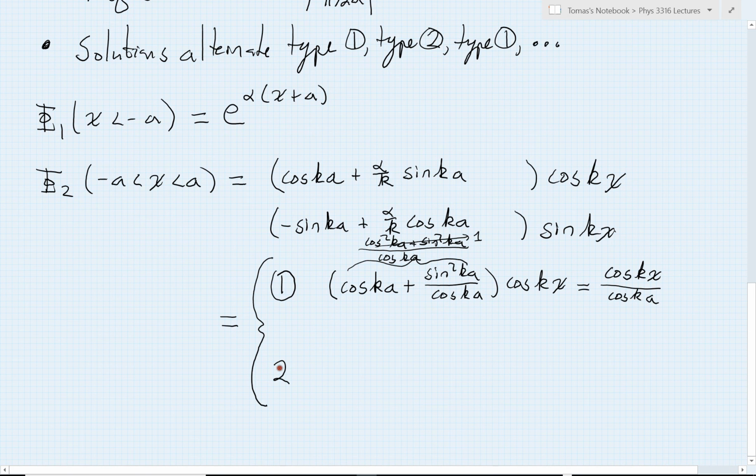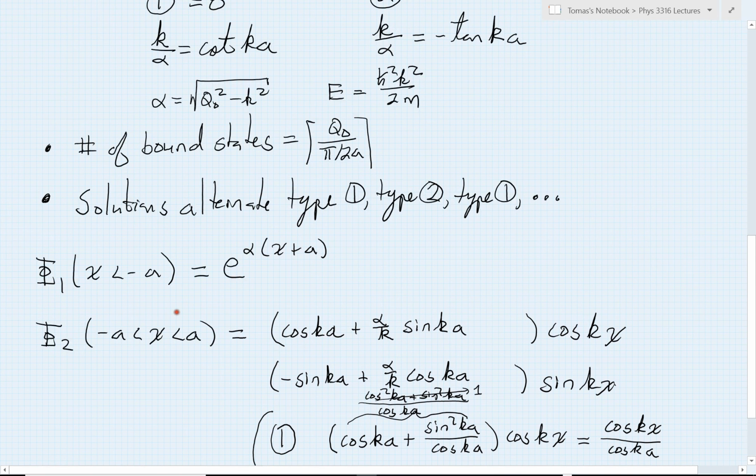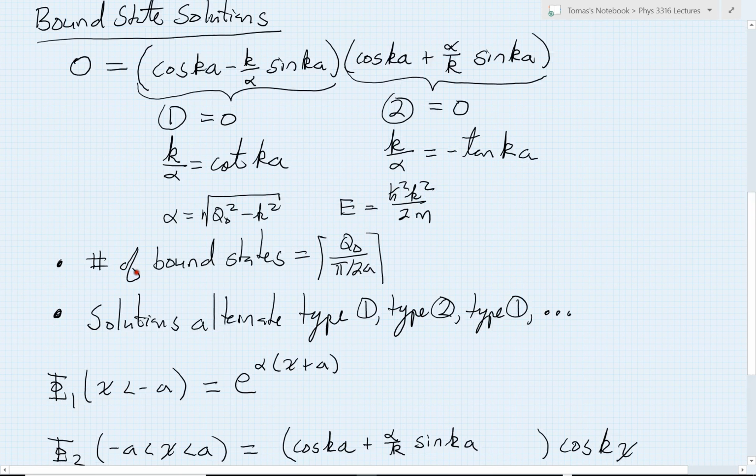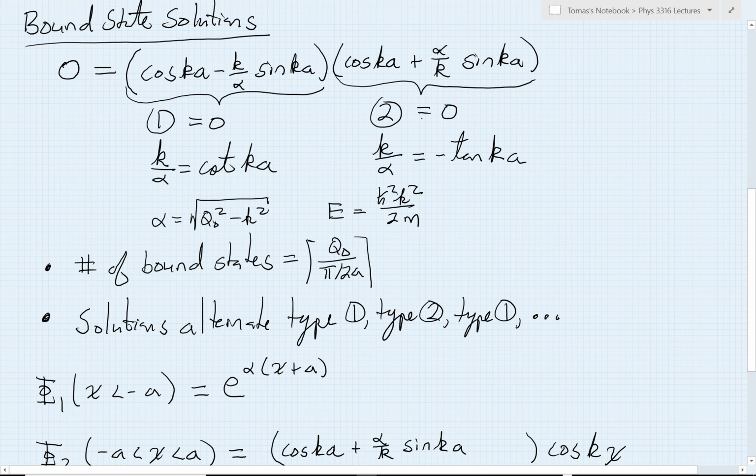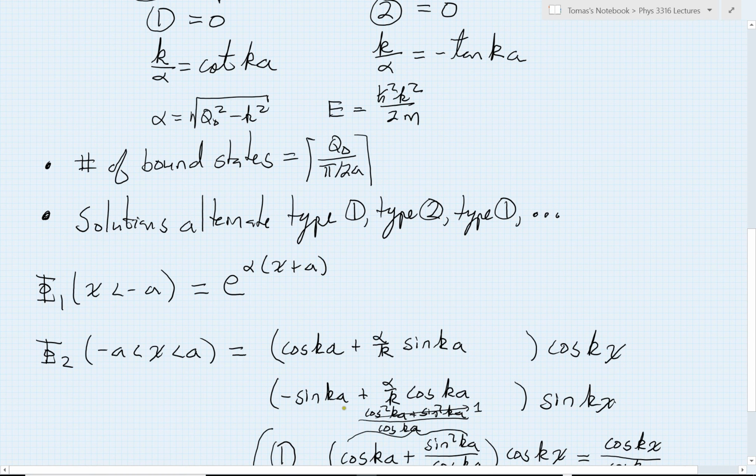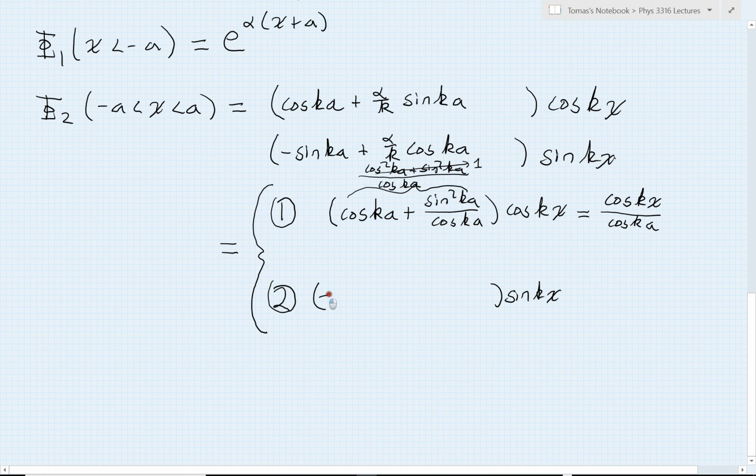So type 2, as we had said, is going to boil down to only a sine Kx type solution. So let's look at the prefactors on the sine Kx solution. Right, you will recall the cosine piece was exactly the type 2 condition, which gives 0. So we've got the sine solution is minus sine of Ka.